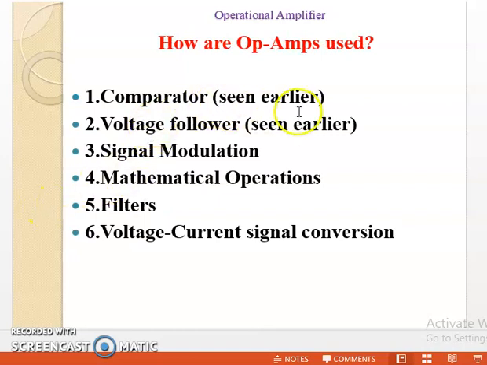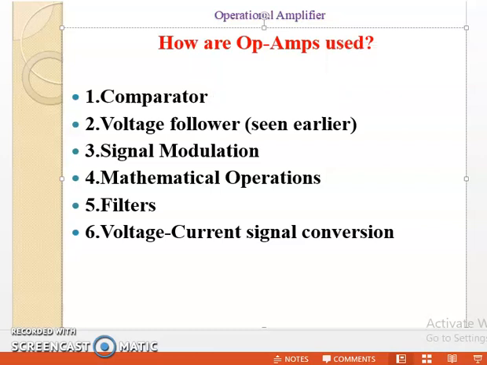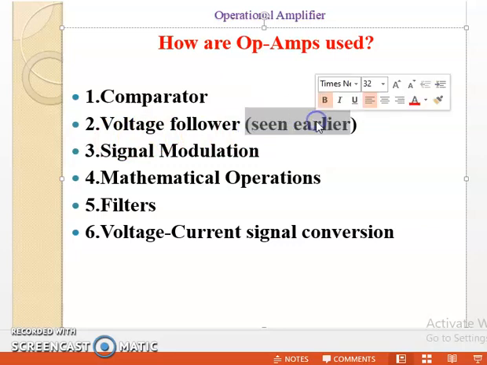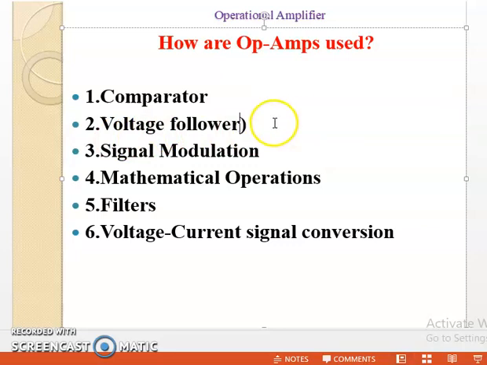Now, how are op-amps used? Op-amps are used in 6 ways. Number 1, comparator. Number 2, voltage follower. Number 3, signal modulation.